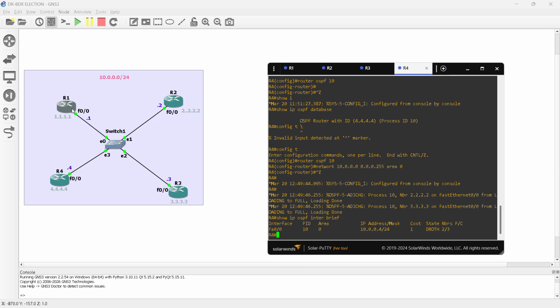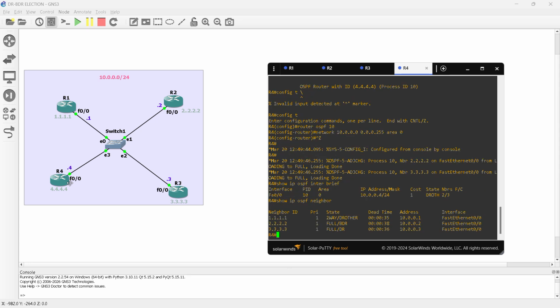Let's see it by show ip ospf neighbor. As you can see here, this is the router ID of R1. It is in the state of two-way, and in the state of DR other.